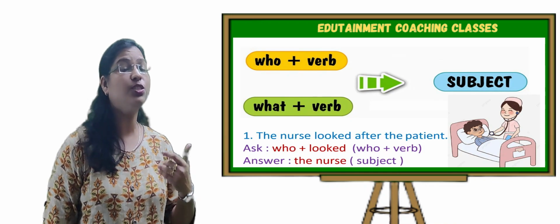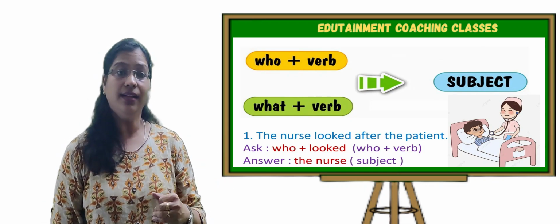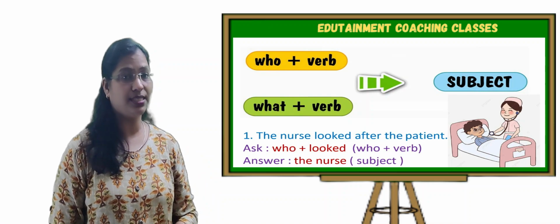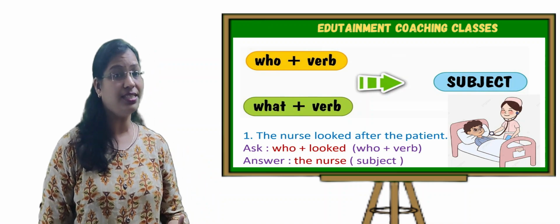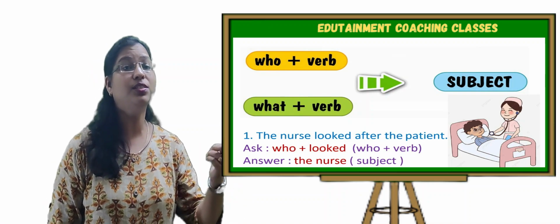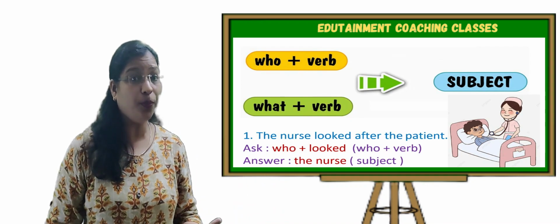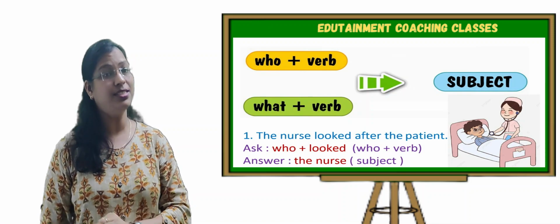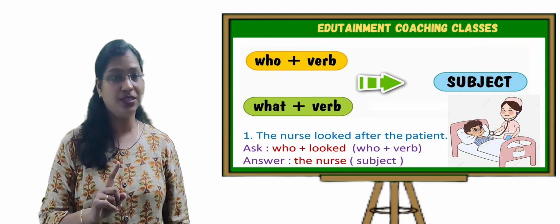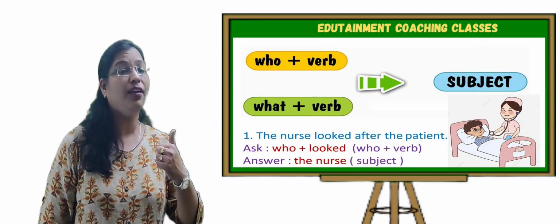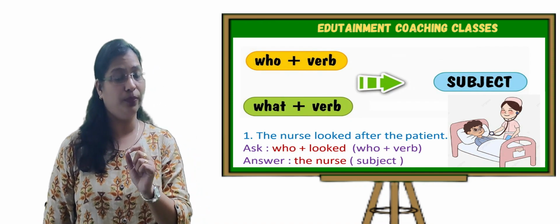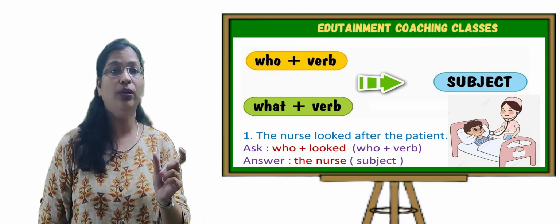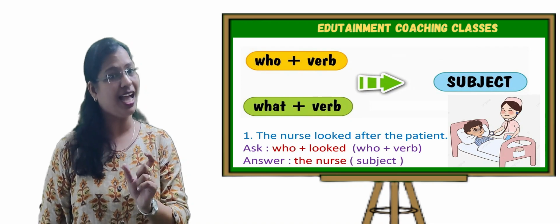Also, you can ask what to the verb and get the subject of the sentence. For example, if I say the door is open, what is open? The door. So the door is the subject here. I'm sure you must have understood with this. Like if you ask who to the verb or what to the verb, you get the subject as the answer.